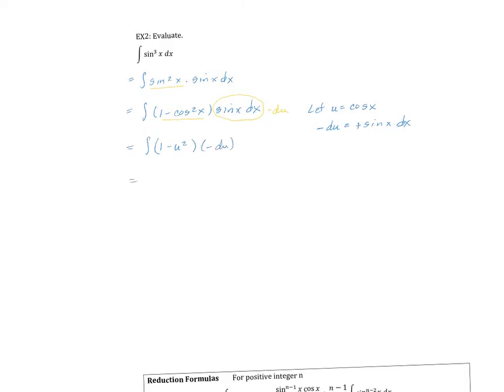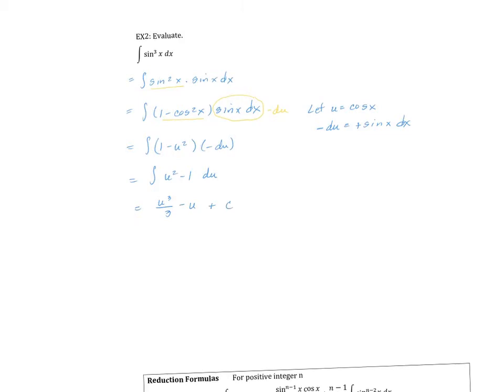And you could pull out that negative in front of the du, but also something nice from algebra, if I take the negative and I multiply the 1 minus u squared, I'll just be changing the order to u squared minus 1, and then our du. When I integrate, this is going to be u to the third over 3 minus u, plus our constant c.